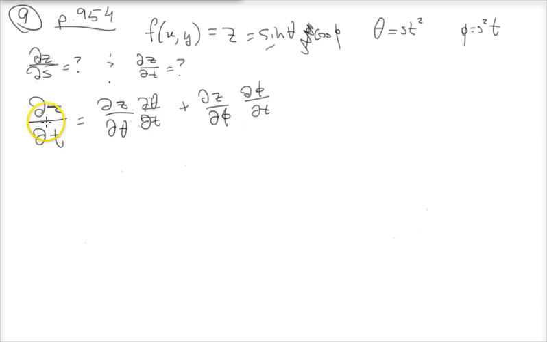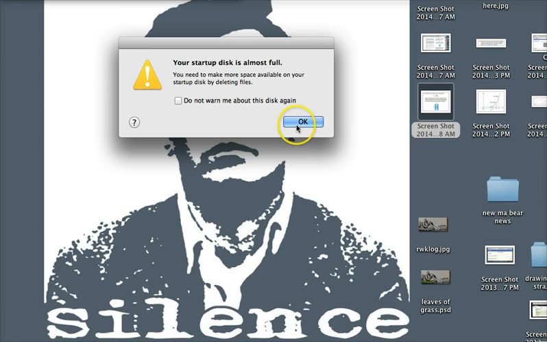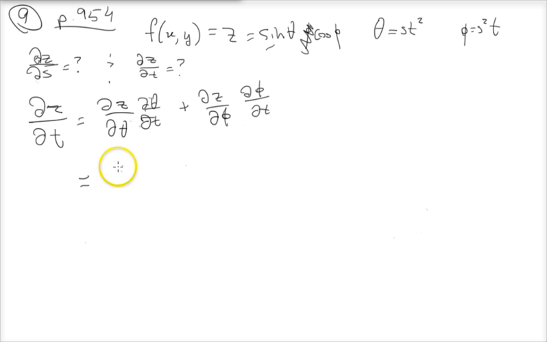Now we've got the partial differential form of the chain rule written out here, and we're trying to find del z, del t. First off, we have to find del z, del theta, the partial derivative of z with respect to theta. So we treat this cosine phi as a constant, and we take the derivative of sine theta, and we get cosine theta, cosine phi. Now we take the partial derivative of theta with respect to t.